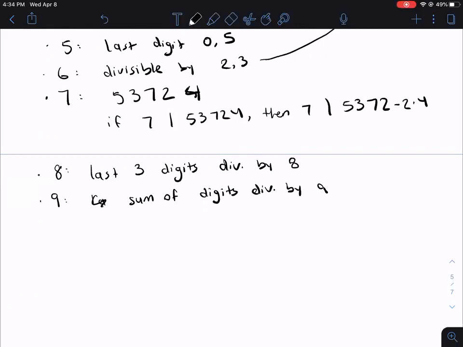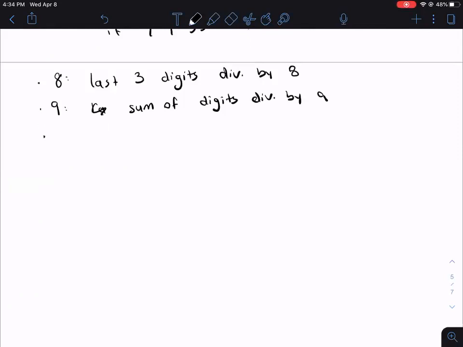Wait, Eric, can you type the 7 into the chat? Because I don't know any other rule. So for 10, the last digit is 0. And for 11, the alternating sum is divisible by 11.